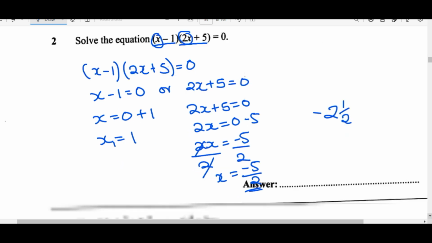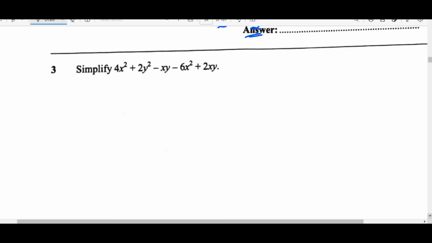Okay, that is simple. So this is algebra. The other one is simplify. We want to simplify 4x to the power 2 plus 2y to the power 2 minus xy minus x, 6x raised to the power 2 plus 2xy.